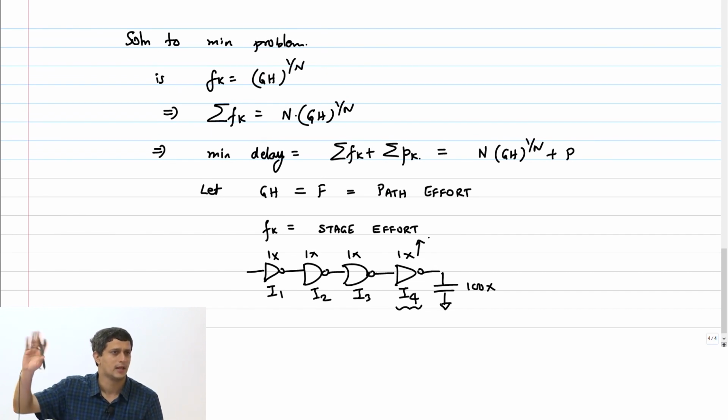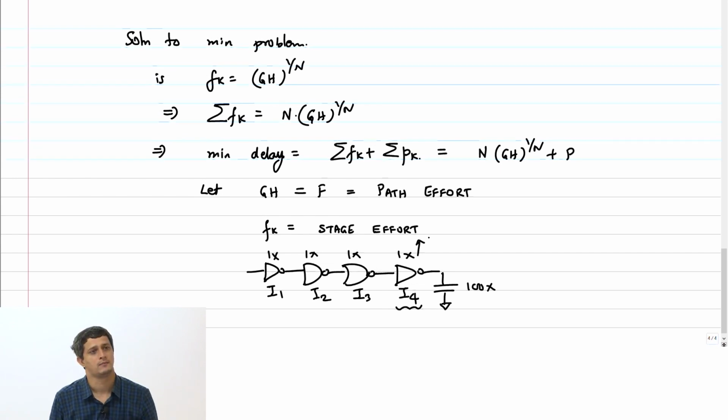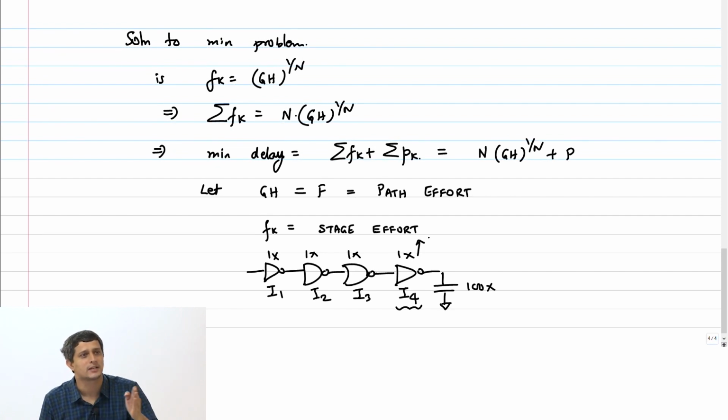Forget about the parasitic effort. That's a constant. I'm going to upsize this inverter by some factor and reduce the delay of the last stage. The problem is, if you increase the size of I4, you are now going to increase the load on I3. Right? The same thing will cascade all the way to I1. So the only way to reduce the effort on I4 is to make the other gates do more work.